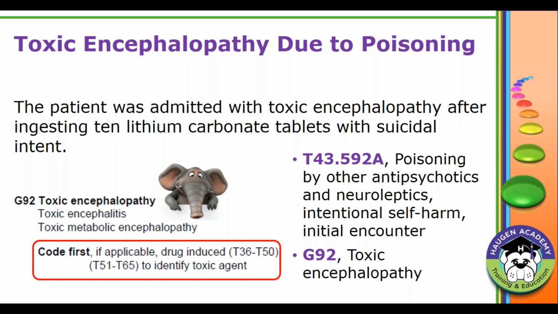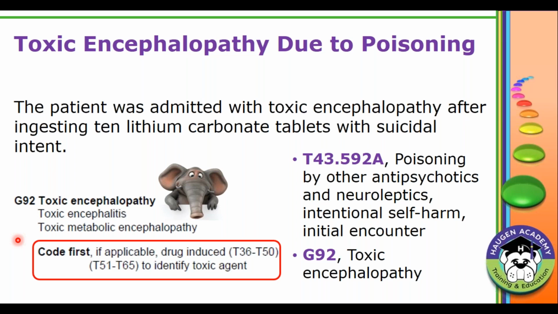When you have a patient who is admitted with toxic encephalopathy, and this particular patient took too much lithium in order to attempt suicide, we've got our T code, which goes first, and G92 for the toxic encephalopathy is second. Now, if you look at the code entry for G92 in the tabular list, there's a code first note that says code first if applicable, drug induced, and it gives that code range.